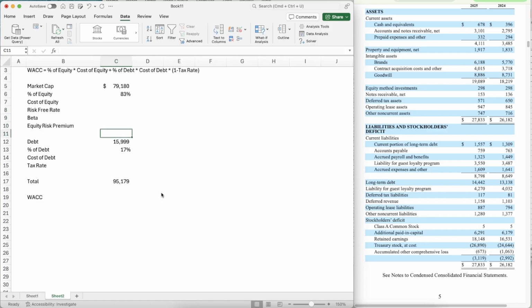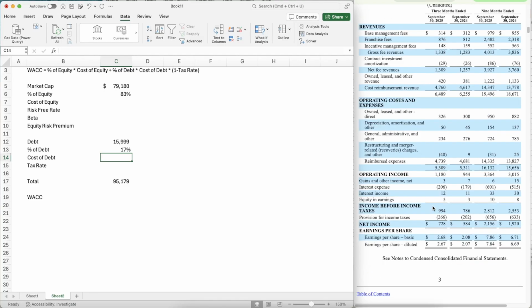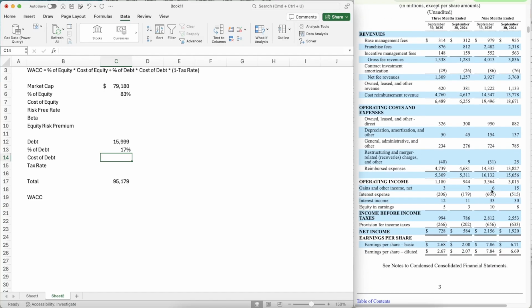The cost of, let's do cost of debt first. The way we find this is we look at our interest expense. So 601. This is for the first 9 months. So let's divide this by 3 and multiply it by 4 to get the full year. 601, divide by 3, multiplied by 4.